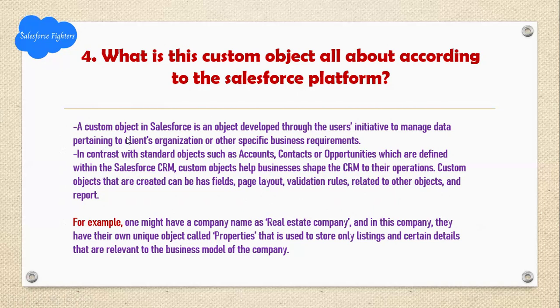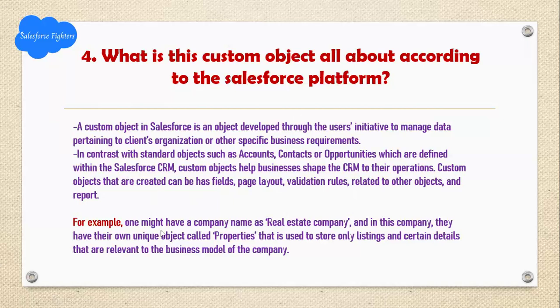In contrast with the standard objects such as account, contact, and opportunity, which are defined within the Salesforce CRM, custom objects help businesses shape the CRM to their operation. Custom objects that are created can have feeds, page layouts, validation rules, relationships to other objects, and reports.